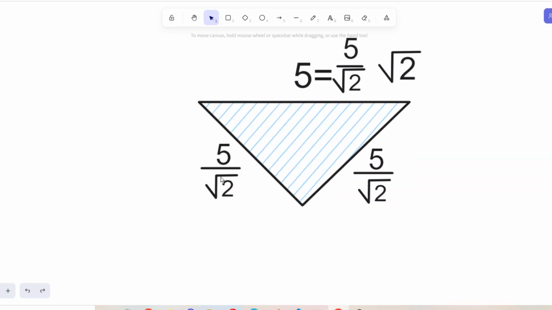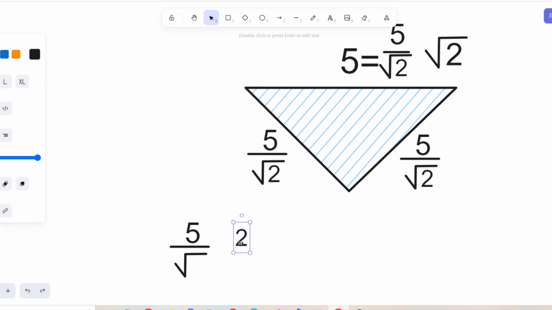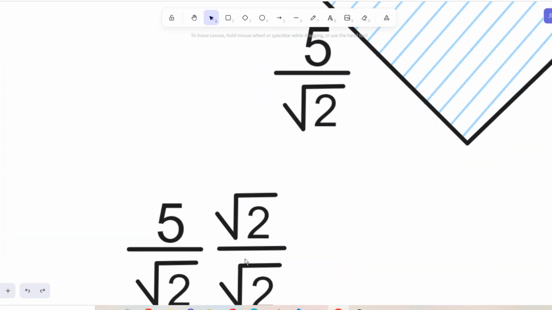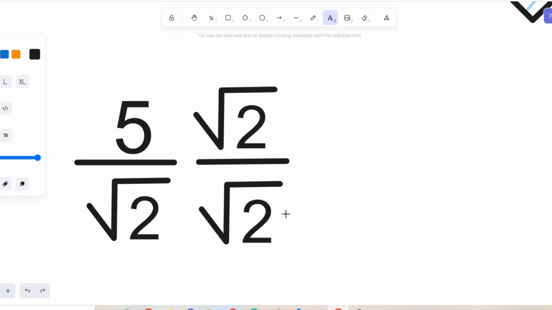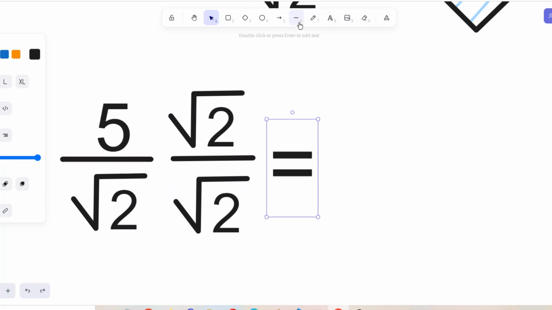And then we just need to simplify this so you wouldn't leave a radical in the denominator. So we need to multiply by root 2 over root 2. So you're multiplying a fraction by 1, so anything times 1 is itself, so you're not changing the value of the fraction, you're just changing the form. And then this equals 5 root 2 over 2, because root 2 times root 2 is 2.